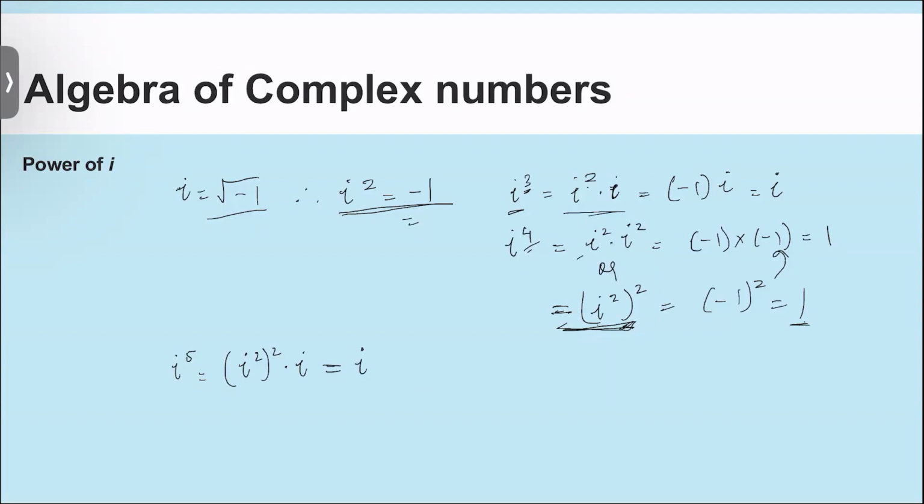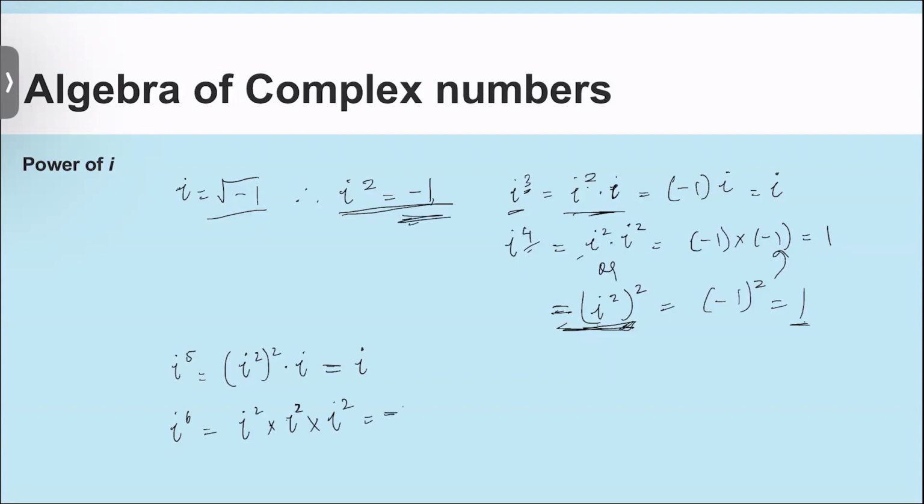And then if you take I raised to 6, again you can write it in the square form itself, or you can write it in the product form. If you want to write it in the product form, let's see. You can write it thrice: I square into I square into I square. Each of them, if you remember, I square is equal to -1.